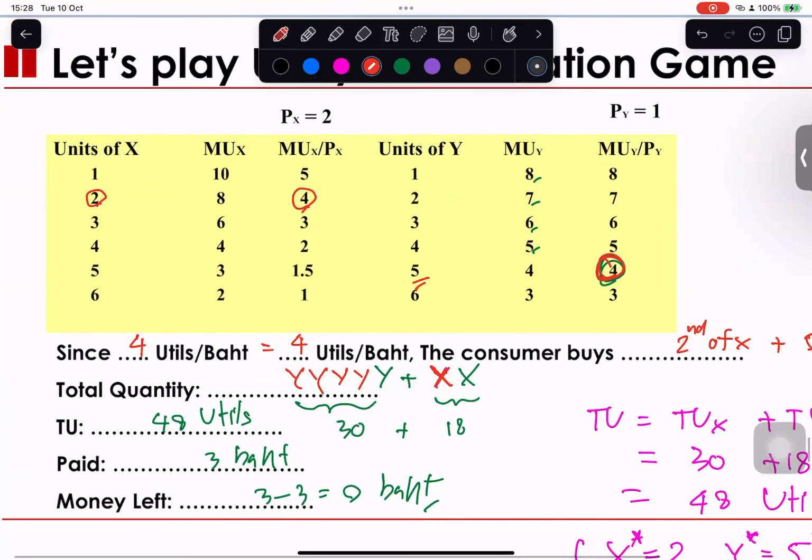First of all, let's underline. He bought only 2x. Yeah, I underline this. Yeah, finish here. Use another color. And he finished with 5y. Let's underline under this. 2x 5y.